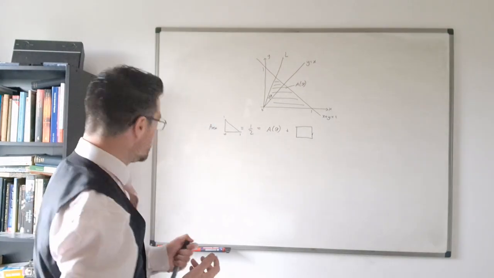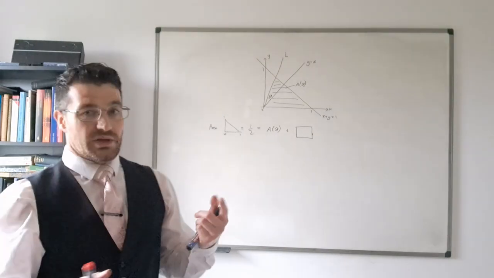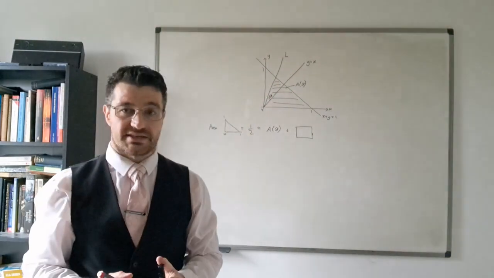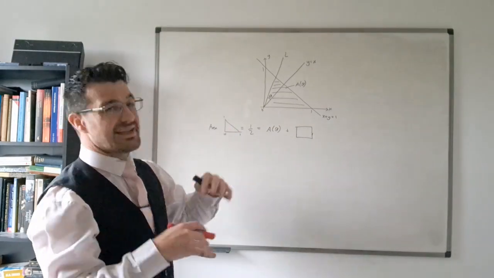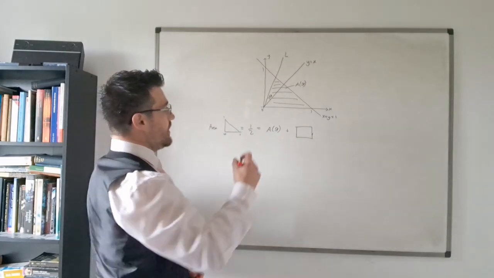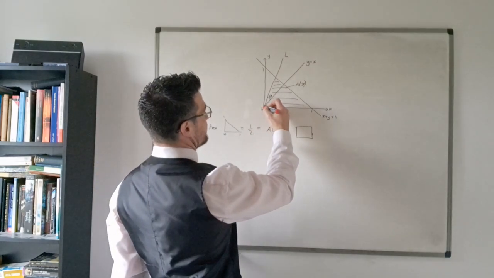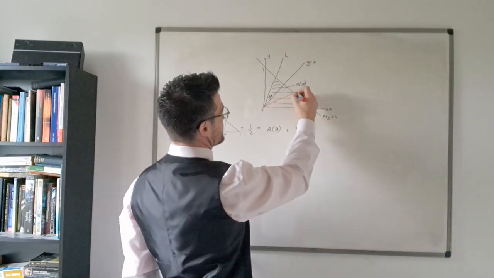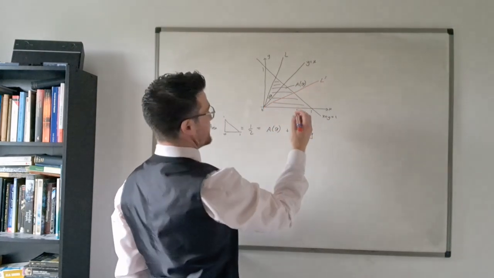It's not difficult. Now, what it might be worth noticing is that there is a symmetry about the line y equals x in this diagram. It might not look like it from my diagram, but the diagram doesn't have to be drawn perfectly. What I'm going to do is reflect the line L in the line y equals x. So it's going to look something like this. I call it L primed.